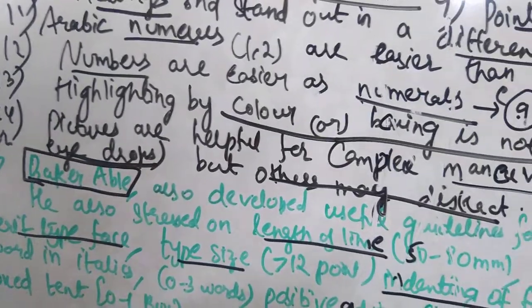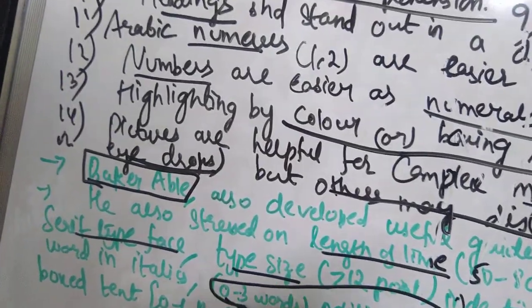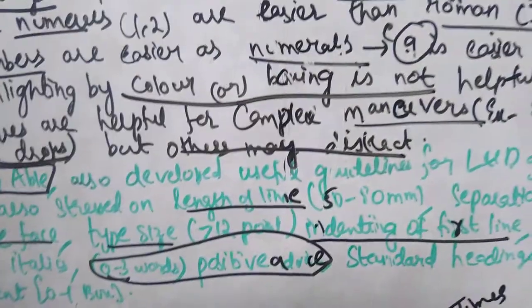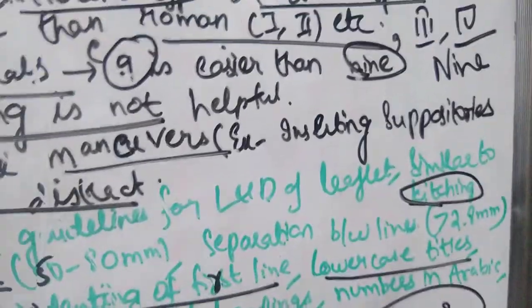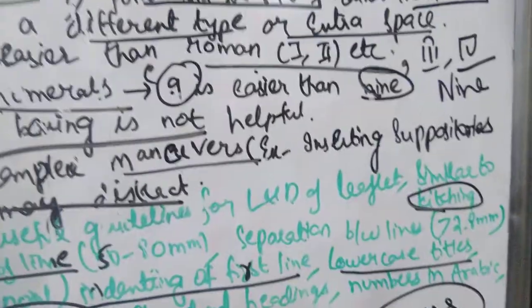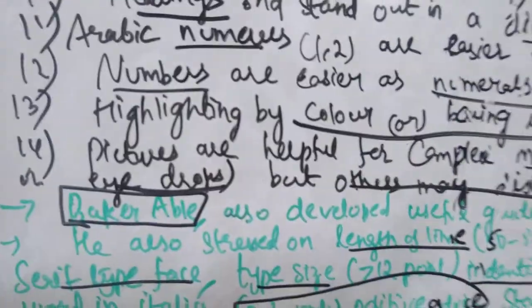I have told you, points should be positive rather than negative. So if you want to describe any positive advice, use 0 to 3 words. Then standard headings, then the numbers should be in Arabic. Arabic numerals are easier than Roman. Then boxed text, that is a design, should be used.